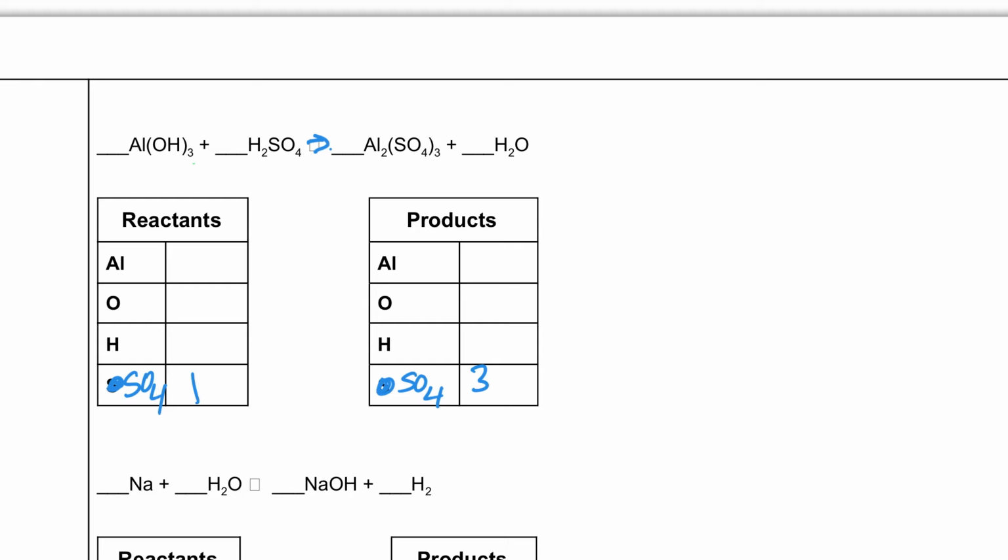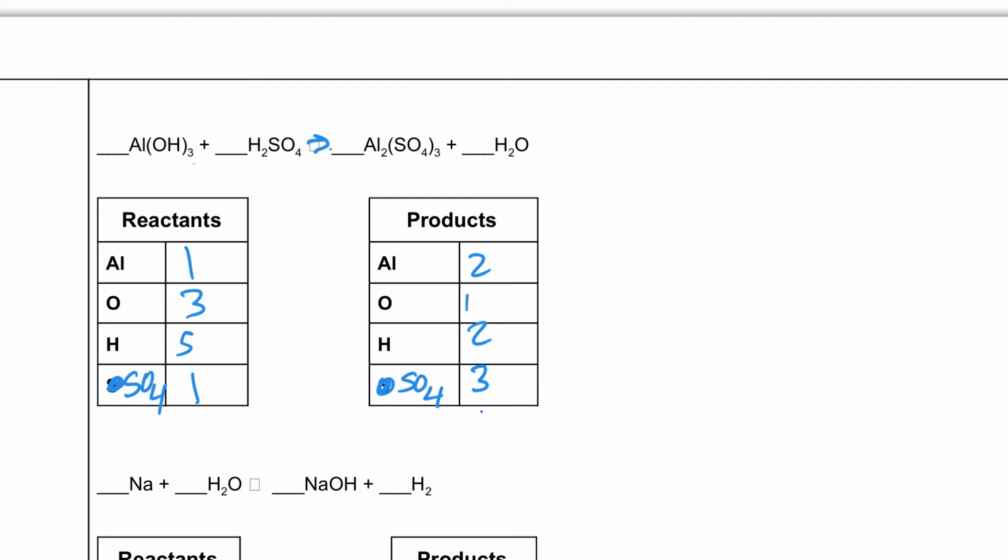Then we need to determine the number of aluminum, we had 1 and 2. Oxygens, we have to count the number of oxygens that are not attached to that sulfate group. So we have 3. And the number of hydrogens that are not attached to any polyatomic, we have 3 and 5. And over here, the ones that are not attached to our polyatomic, we have 1 oxygen and 2 hydrogen.